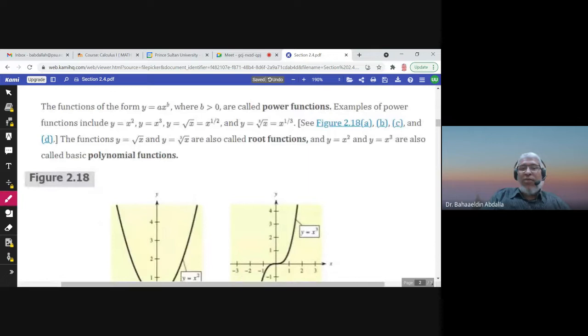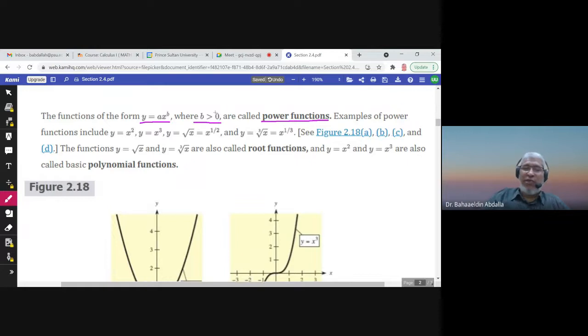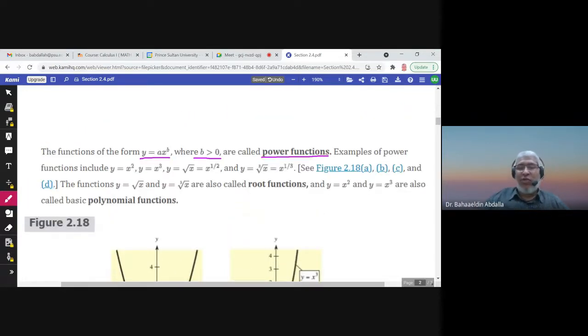The third type is the power functions. The power functions are functions of this form, a times x to the power b, where b is positive. We don't need b to be negative here because if b is negative, you know the definition of x to the power -n, it's 1 over x to the power n.